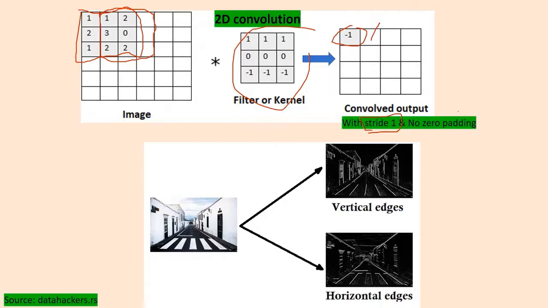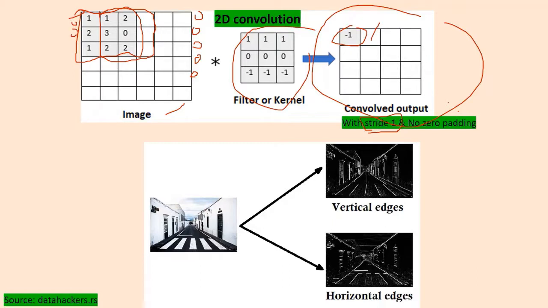Now if you observe, the output matrix has a smaller dimension when compared to the input image. But if you want to have the same dimension as that of the input image, you can pad zeros at the border, so that the dimension of this matrix will increase.